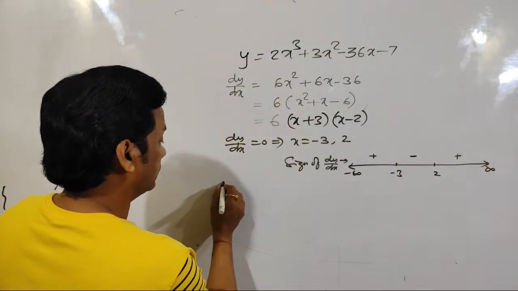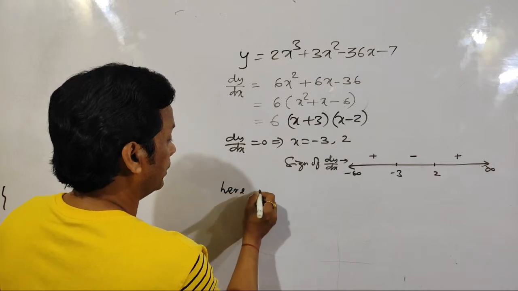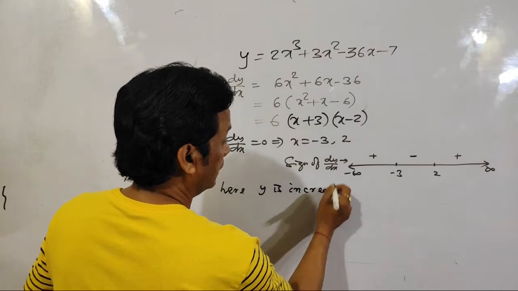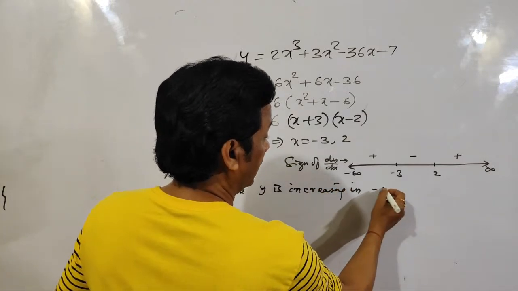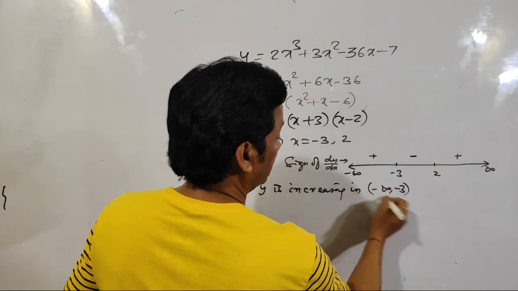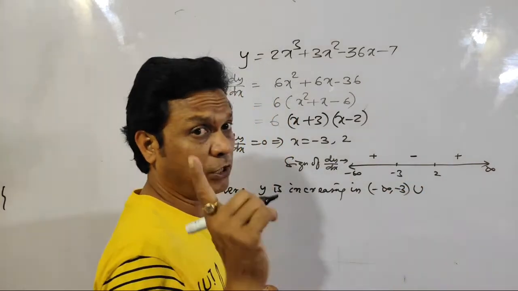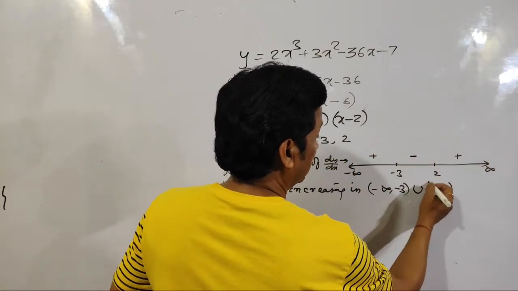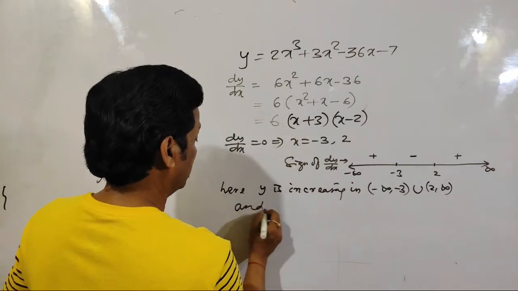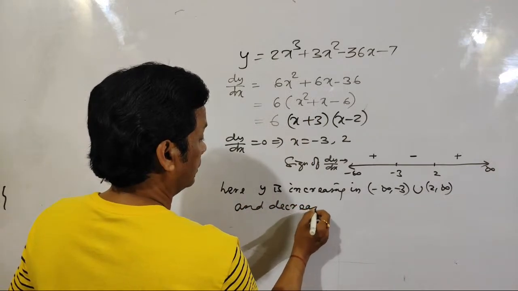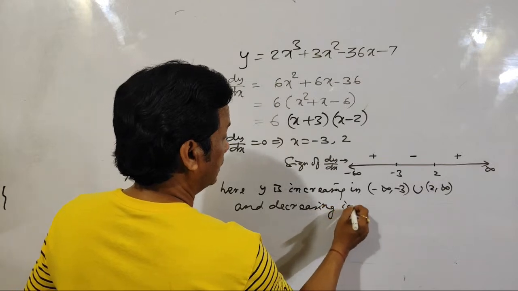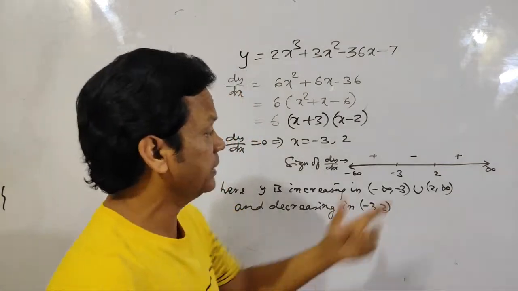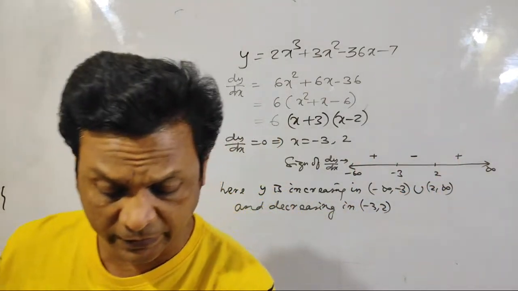So y is increasing in minus infinity to minus 3, union, which stands for or, in this interval or in this interval, 2 to infinity, and decreasing in minus 3 to 2. Is that clear to you or not?